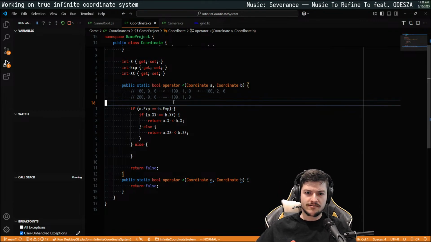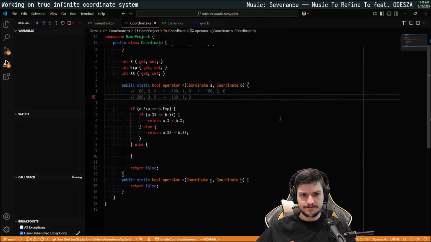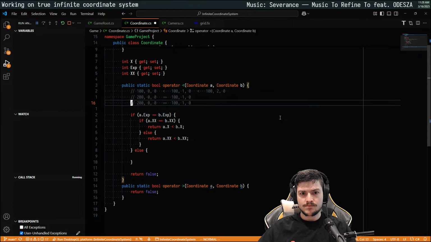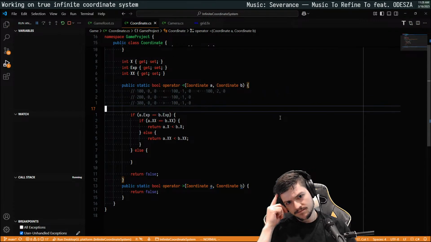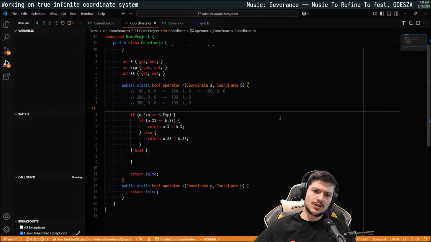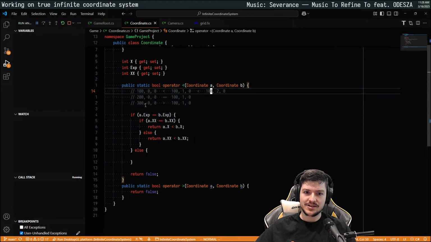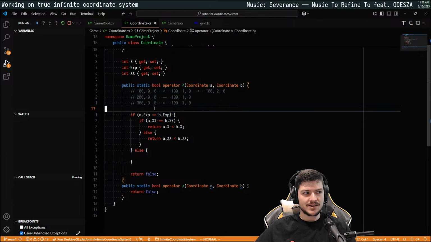This one is an order of magnitude bigger. And then... $300 is bigger than that. So how do I compare this without having to convert? Is it even possible?